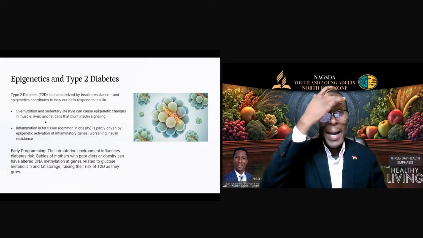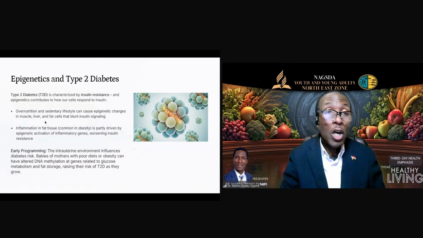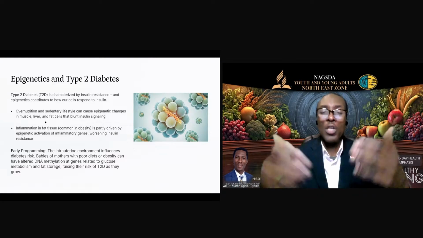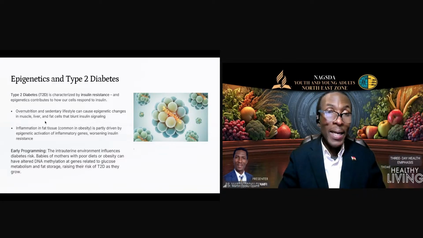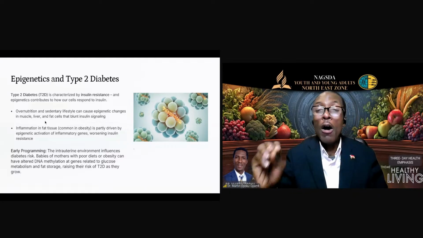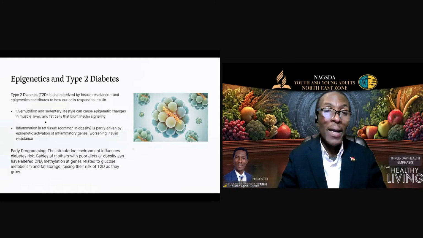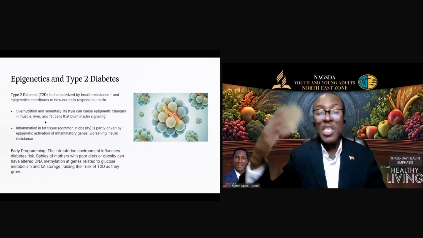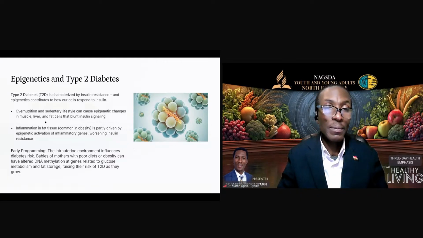One last thing that I'll look at is that there's also inflammation in the fat cells, and a lot of obese individuals have that inflammation, and that is driven by epigenetic activation of inflammatory genes, and that causes insulin resistance. And finally, a lot of children are exposed to environments within the womb of their mothers that predispose them to type 2 diabetes.